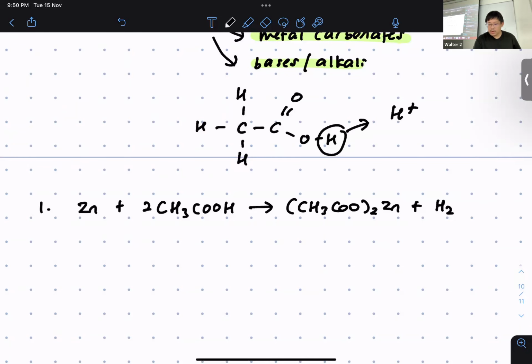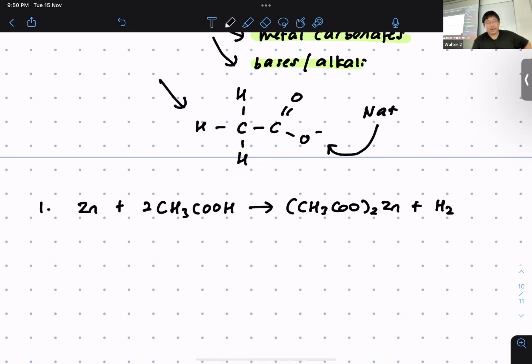So after that it becomes the negative ion, and any ion that comes near it, for example sodium, will be attached at the end, not at the front. So remember, when you write the formula of the salt of any organic acid, we put the cation at the back, not in front. That's just an example to show you.